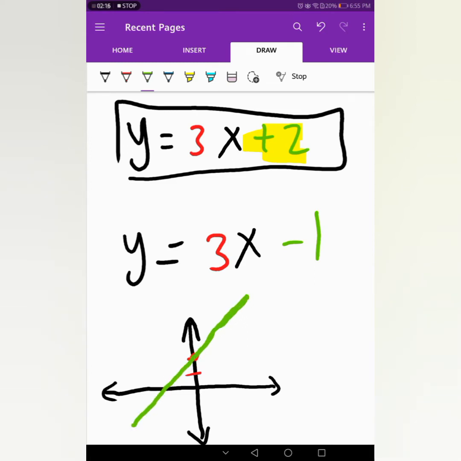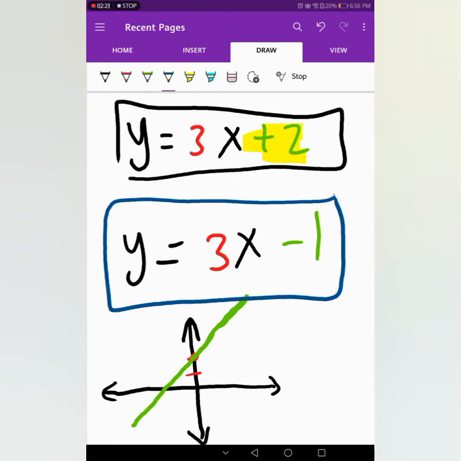And the second will intersect the y-axis at -1, so it will be here. You see, they are parallel. Why? Because they have the same slope. Bravo. So if the equations have the same slope, that means the lines are parallel.